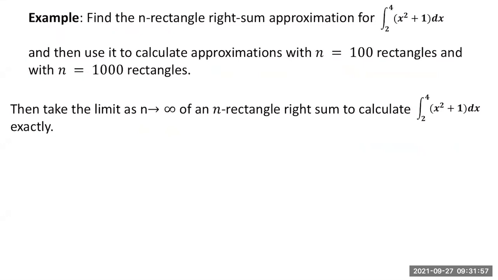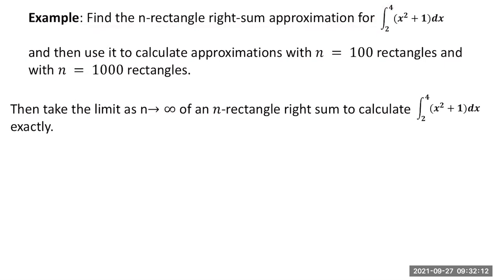Okay, next I want to work on this particular example. Find the n rectangle right sum approximation for this particular integral. Okay, so let's try to find the right sum approximation.